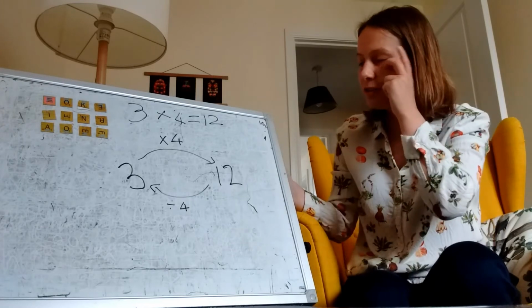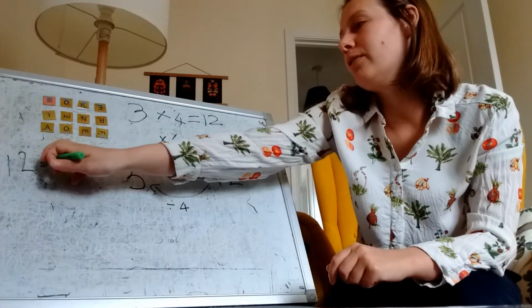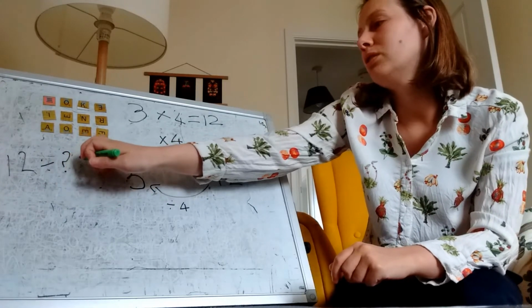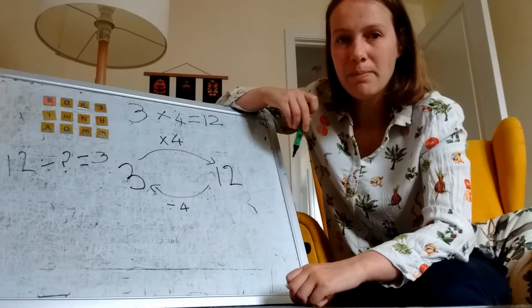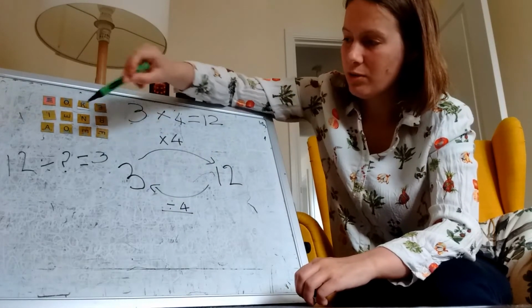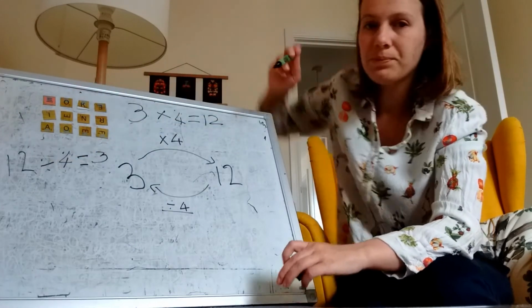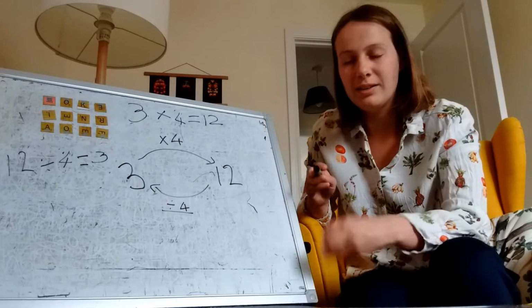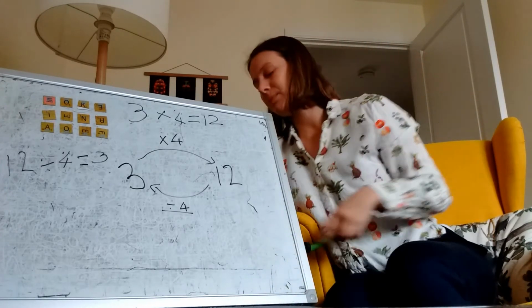And if I have the sum 12 divided by what equals 3, then I know it's going to be divided by 4. And all that is starting to make a little bit of sense. Let's have a look with some different numbers.